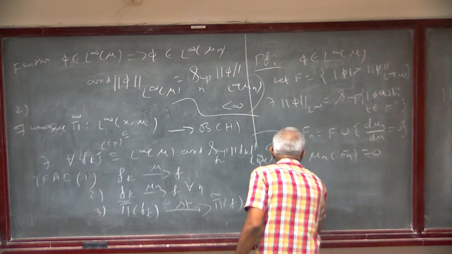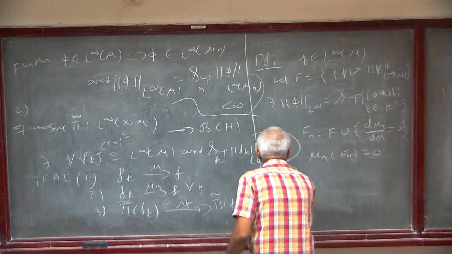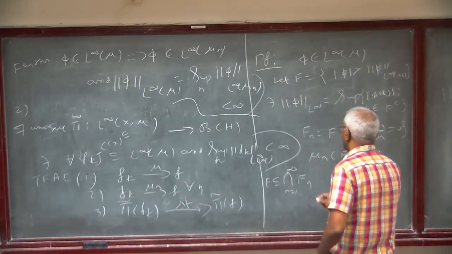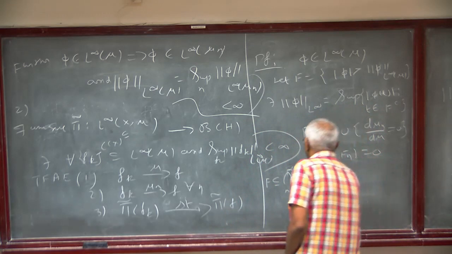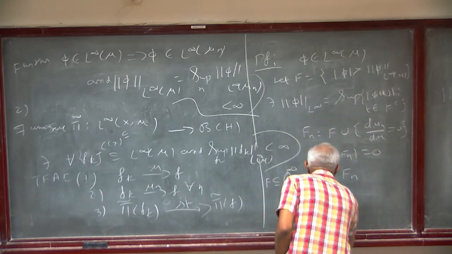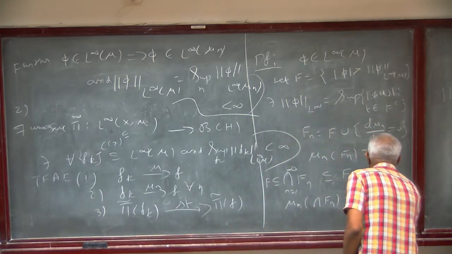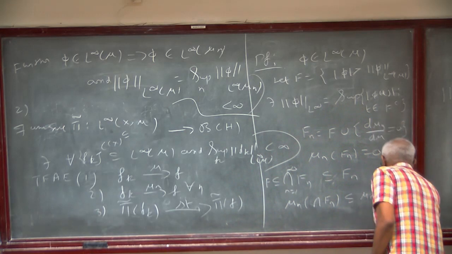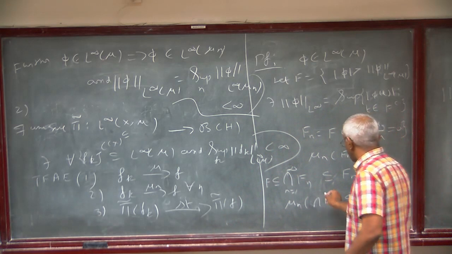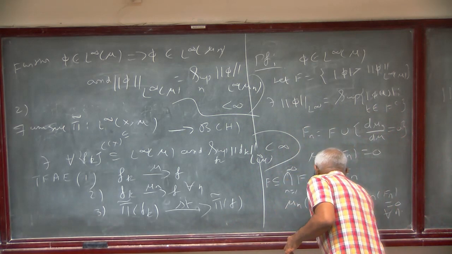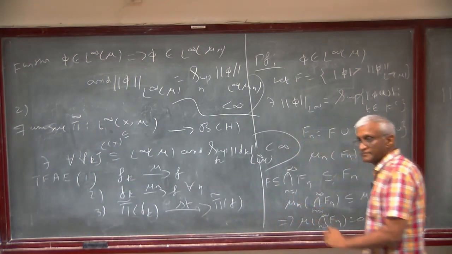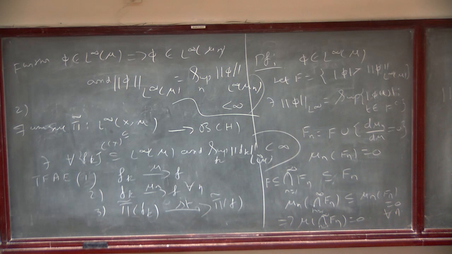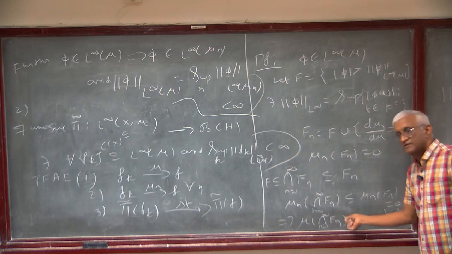Now, the intersection of the Fn is less than or equal to 0. This does not depend on n. So this implies mu of the intersection of Fn equals 0. This is true for all n, so the measure of the intersection is zero.